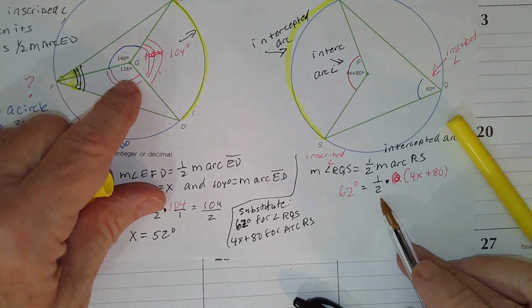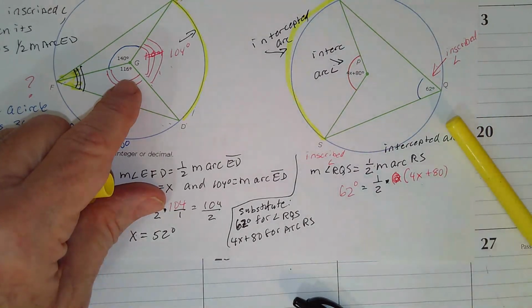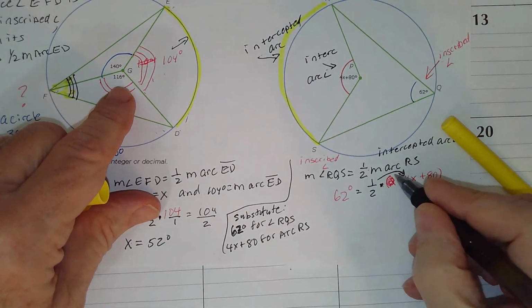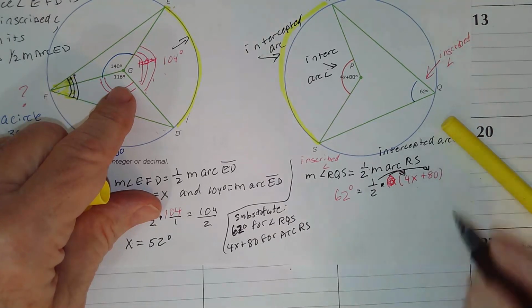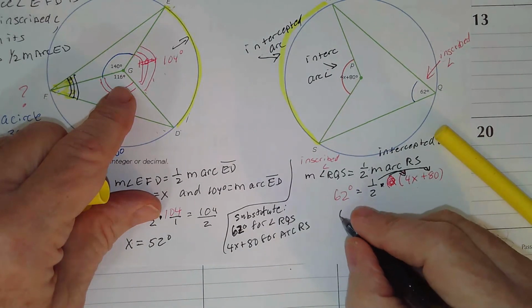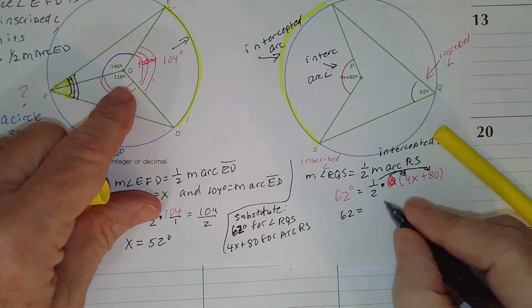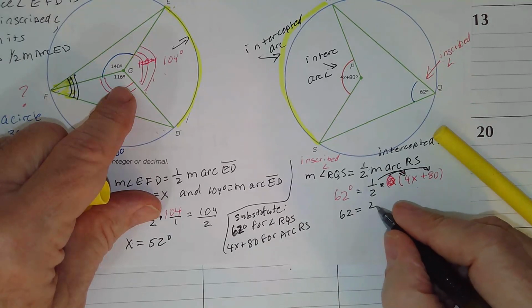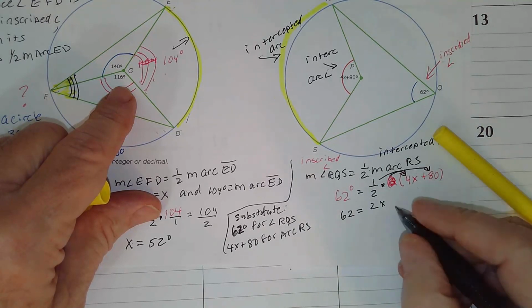All right, so we're going to have to distribute the 1/2 to the 4 and the 1/2 to the 80. So we'll do a little distribution. So that will be 62 equals, well, what's 1/2 of 4? It's 2. 2x, and 1/2 of 80 is 40.